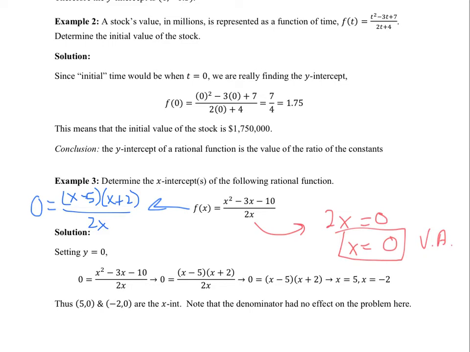A hole. If there's a hole, it can't be an x-intercept. Again, if x plus 2 was in the bottom also, x plus 2 would cancel, and x equals negative 2 would be where a hole is. You cannot have an x-intercept where a hole is, because a hole is an open circle. It would be an open circle on the x-axis.